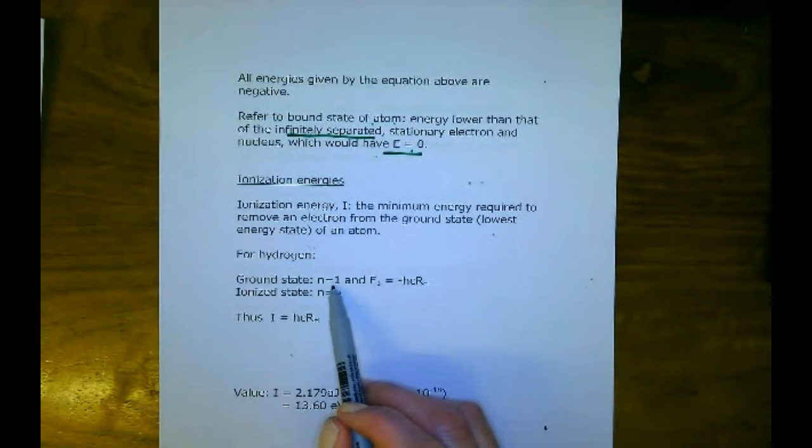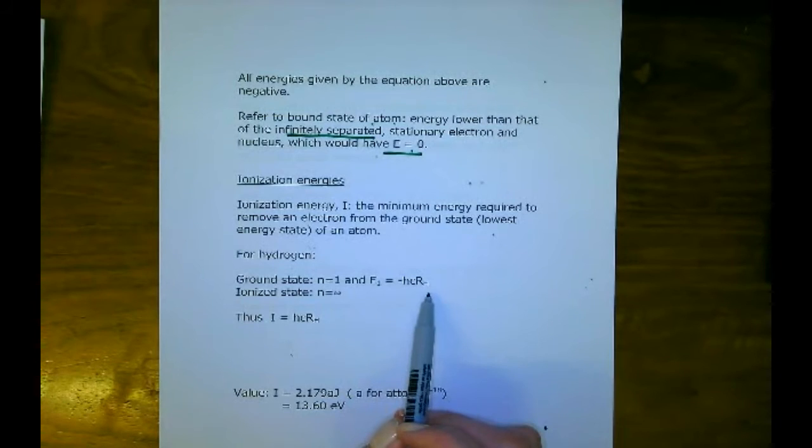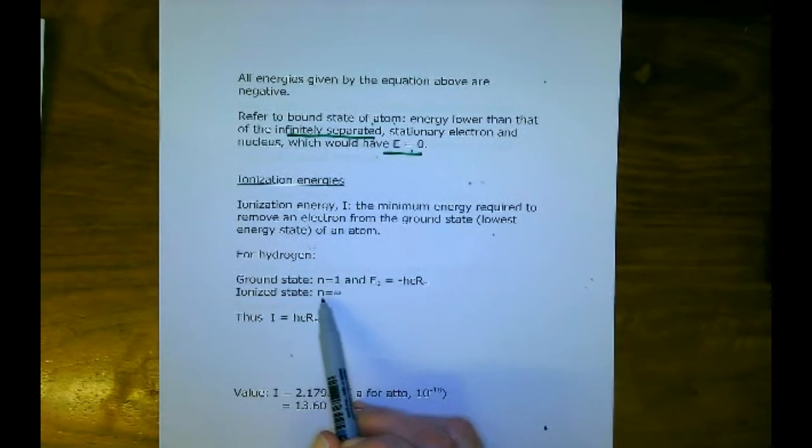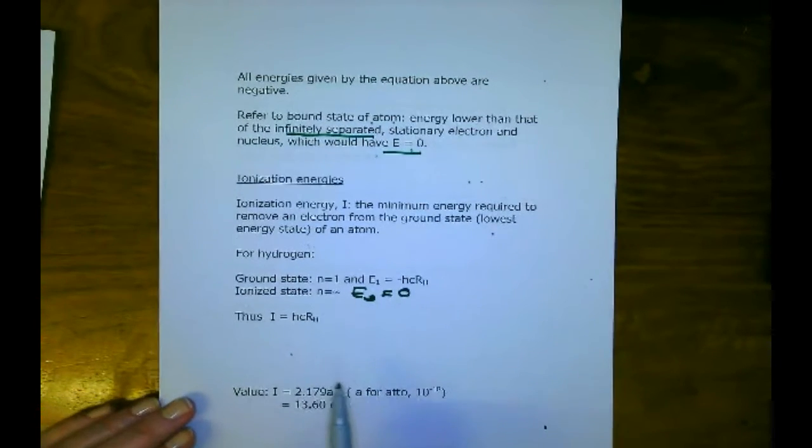The ground state has n equal to 1, and we've said that is the energy; you can check that. The ionized state has n equal to infinity and has energy equal to 0.